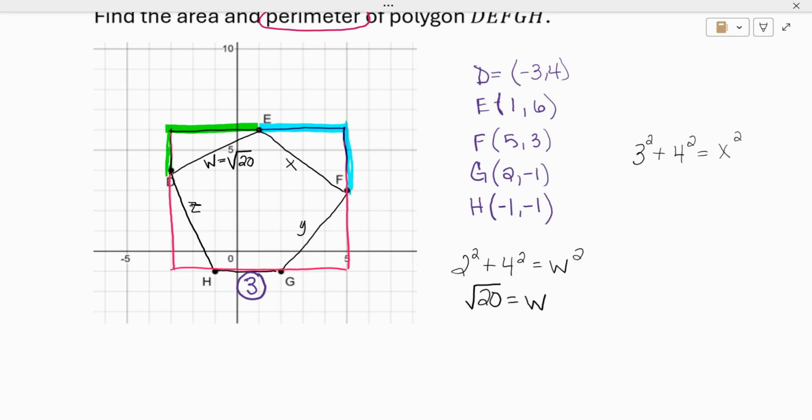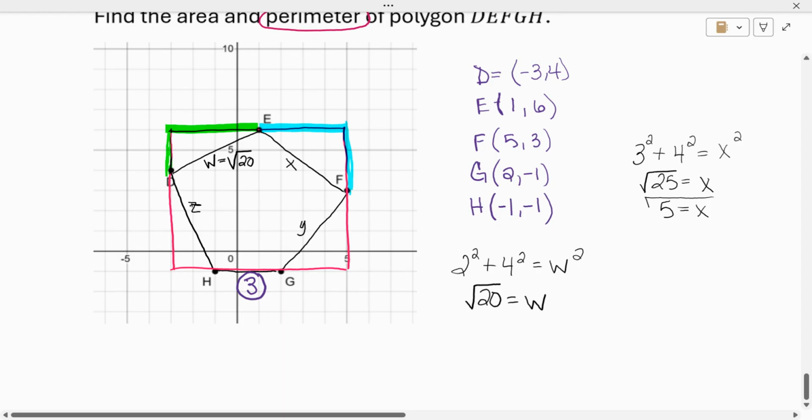It's 25. So 25 equals X squared. What does X equal? What is the square root of 25? The square root of 25 is 5.